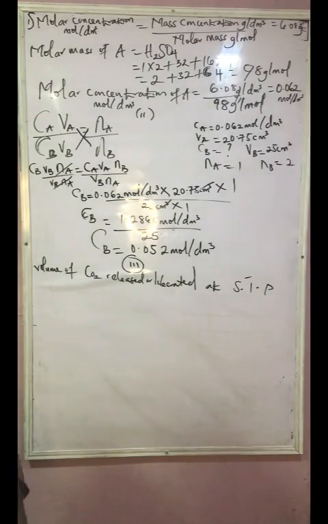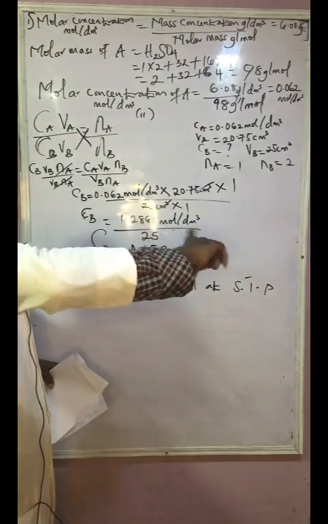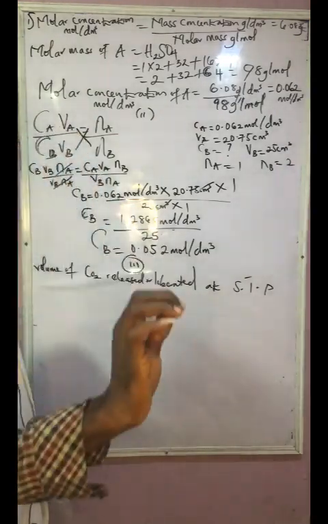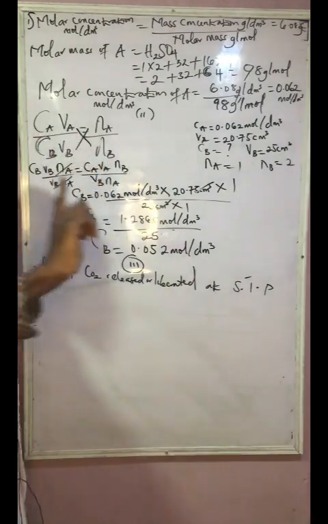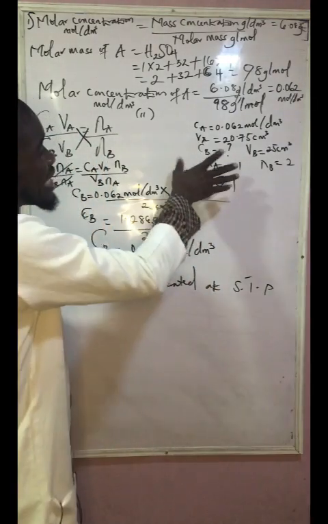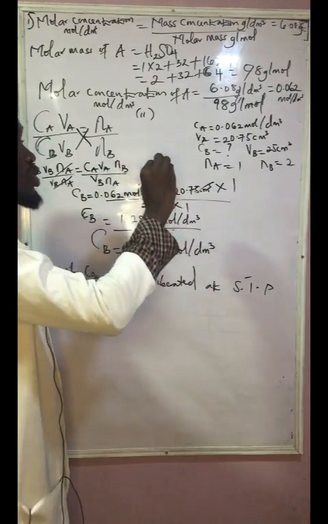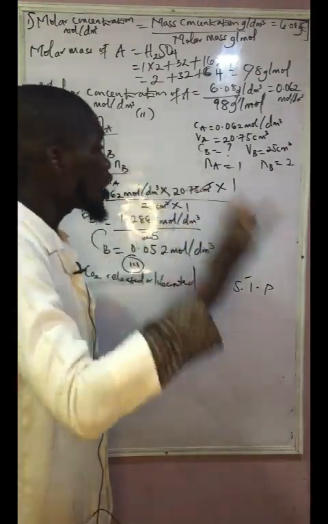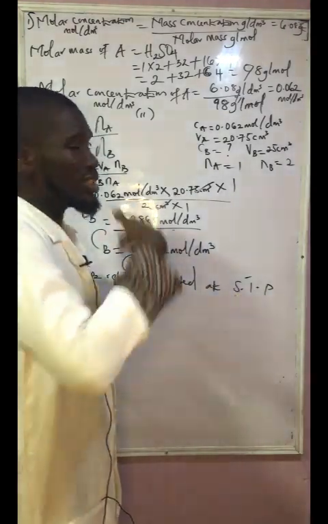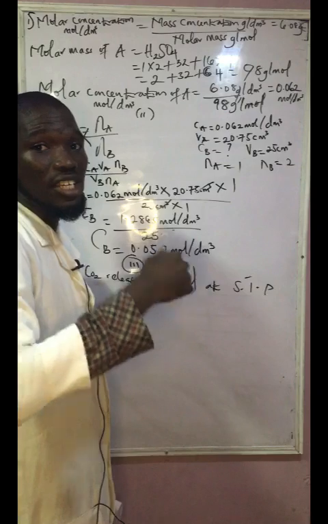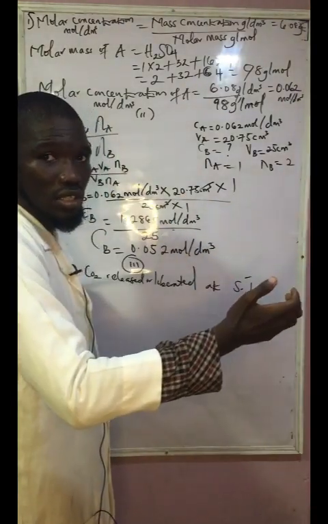To solve this particular question, I will have to revisit the equation which I cleaned earlier. When it comes to solving equations like this, I advise all the students out there, learn how to write your parameters. Then you know that this particular one is the unknown. Just the way I did, I make my CB the subject of formula. Then you can easily substitute all your parameters into it, then you calculate. Is that clear now?